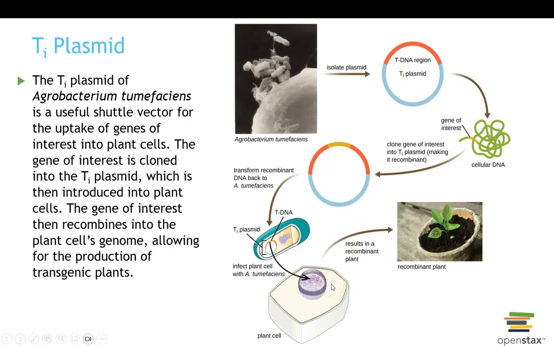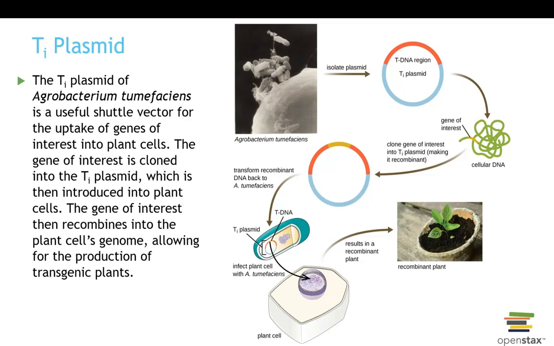The interesting thing is that this Ti plasmid has the capability to become part of the genomic DNA, so it can get integrated with the genomic DNA, and then it can help to produce transgenic plants.